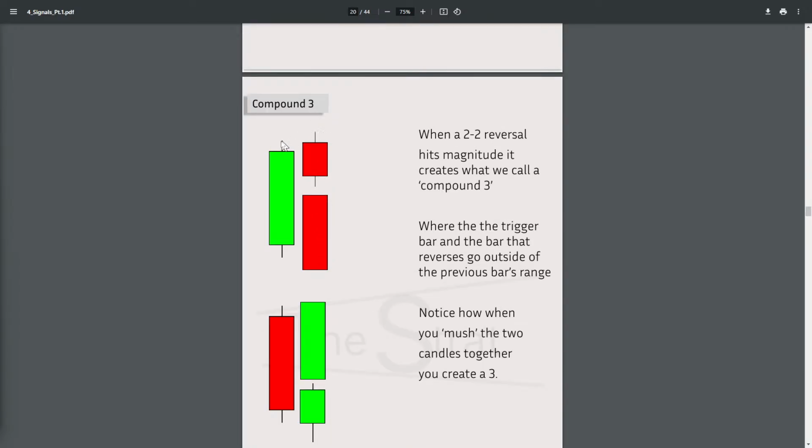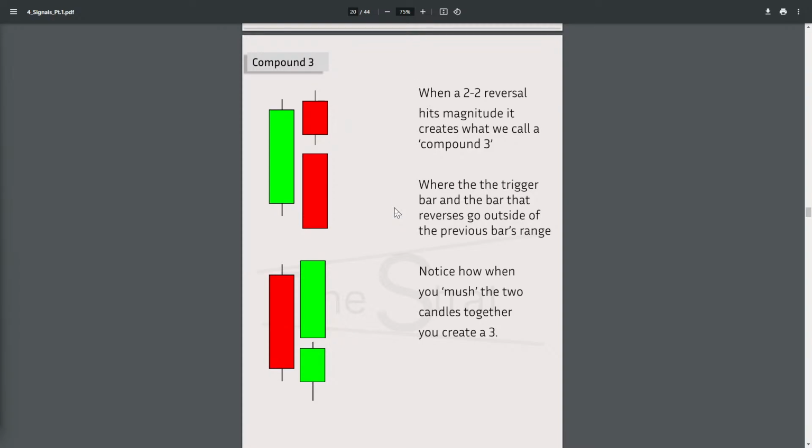Because we have higher highs compared to the previous candle and lower lows. And that's what we're always looking to do, is to find our compound 3s and find the losing participants and hit them in the face, really.